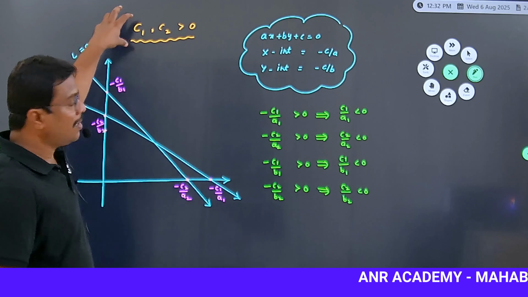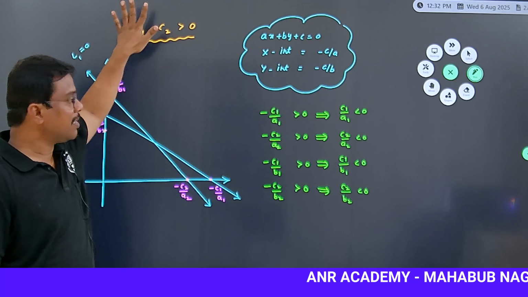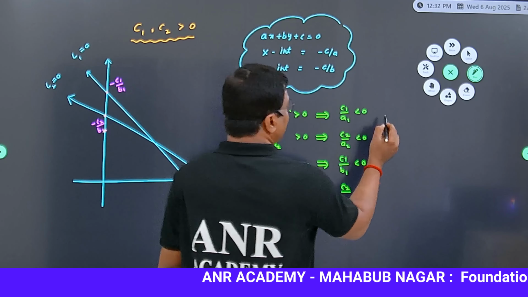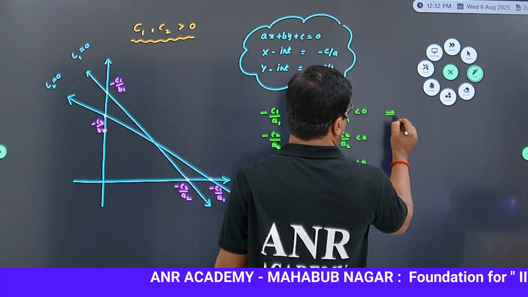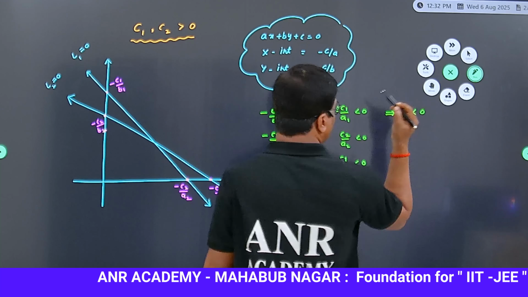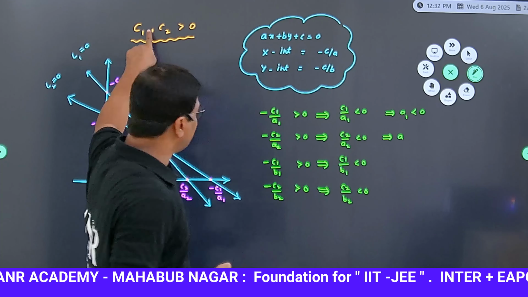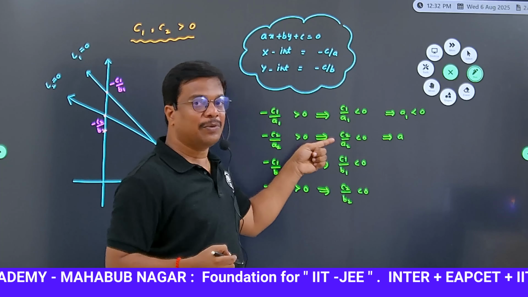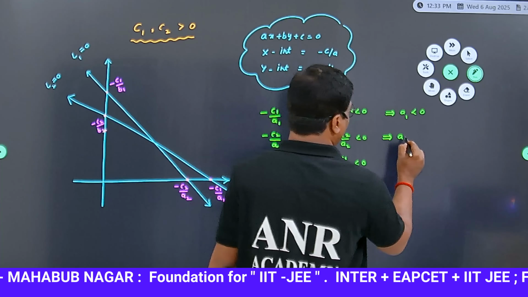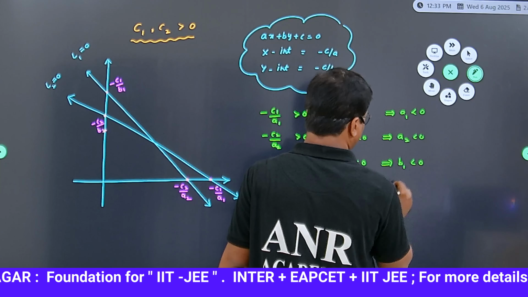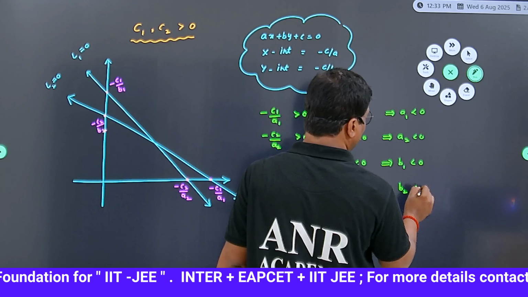Already the constants c1 and c2 are positive, so I can write here A1 should be less than 0. C2 is also positive, and positive by negative is only negative, so A2 negative, B1 negative, B2 negative.